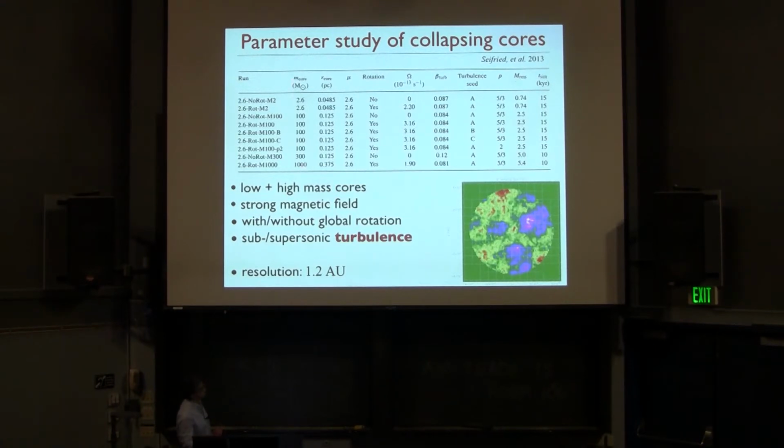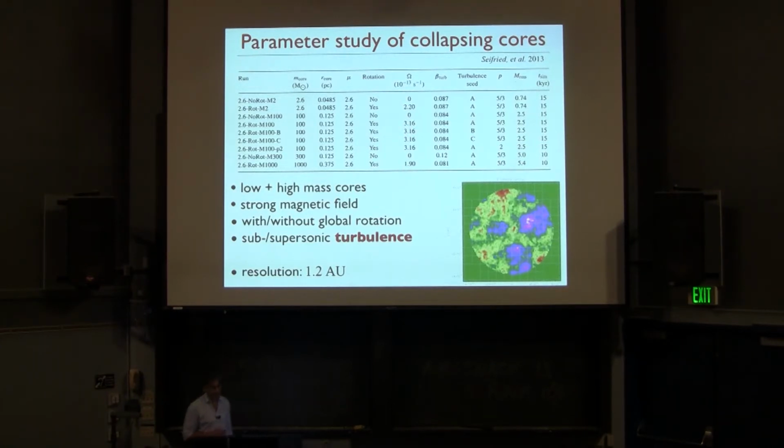And Daniel Seifried did a parameter study on turbulent cloud cores, and he always finds a disk in individually collapsing regions. In a setup like this, your collapsing object doesn't necessarily appear at the center of your cloud core. It can appear further out, even if you start with a density profile concentrated towards the center, just because turbulence also creates individual overdensities which might then collapse.